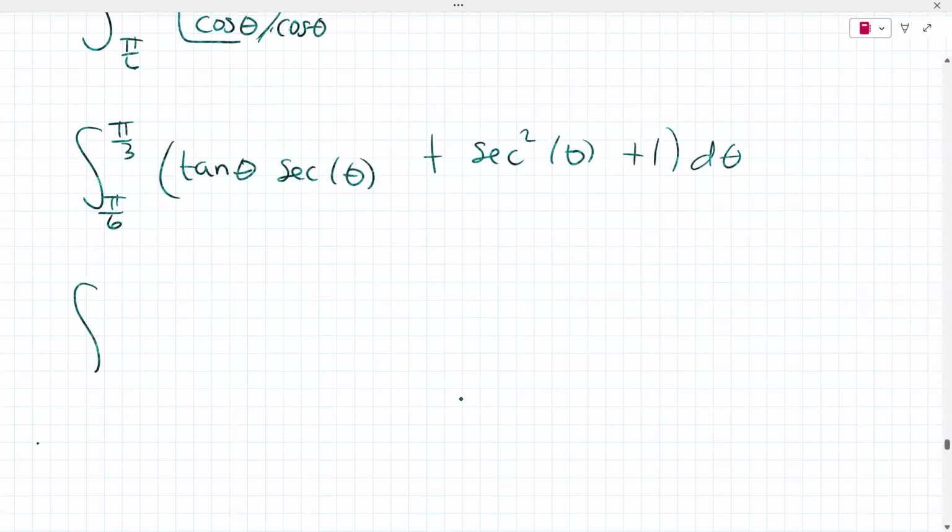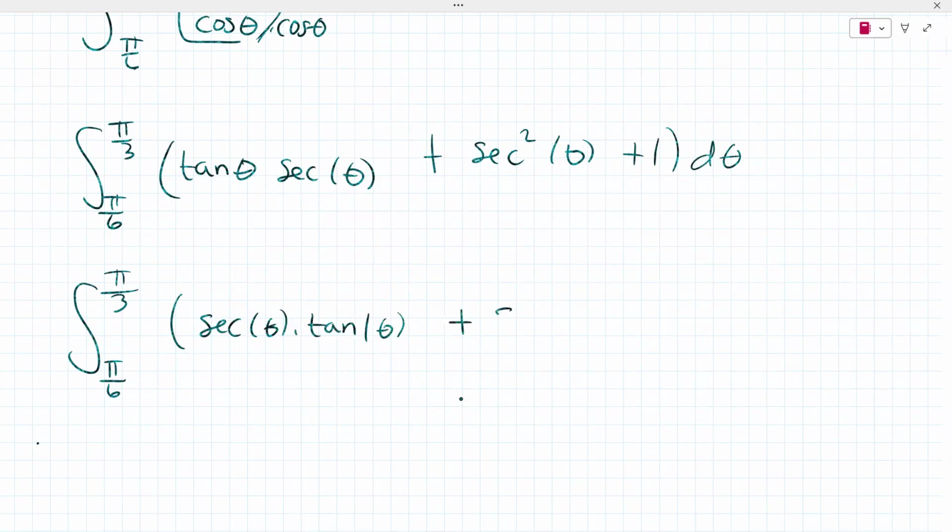And then if you want to rearrange it, you can rewrite. I guess you could put the secant first, so it would be secant theta times tan theta plus secant square theta plus 1 d theta.